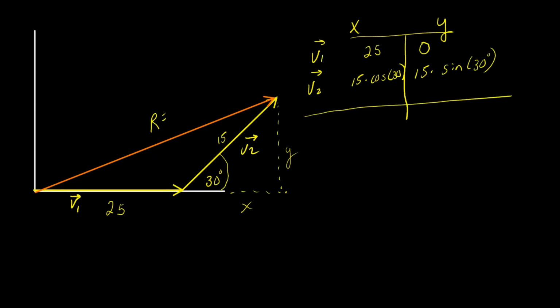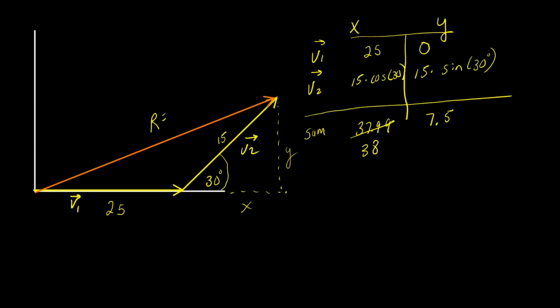So all we have to do is just take the sum of the X's and the Y's and put them together. By calculating this, I'll say 25 plus 15 times the cosine of 30, and I get 37.99. I'm going to round that off to 38. The sum of all the Y's will be 15 times the sine of 30, which is 1/2 that, which is 7.5. So that's my sum of my X's and my Y's.